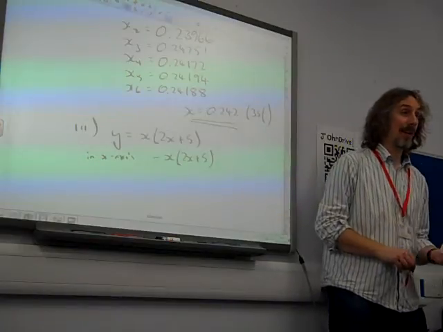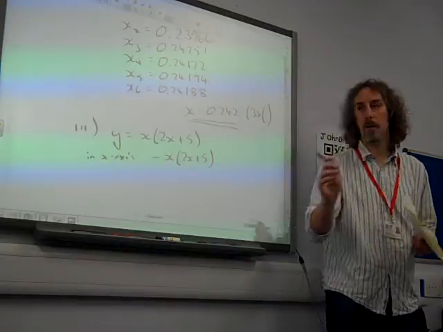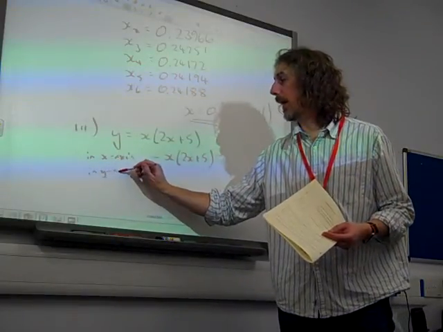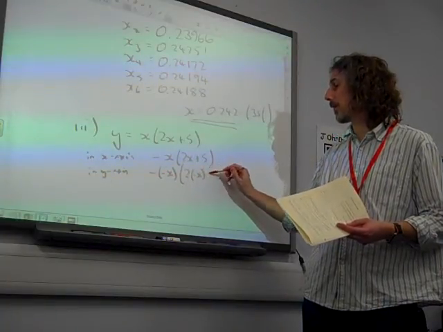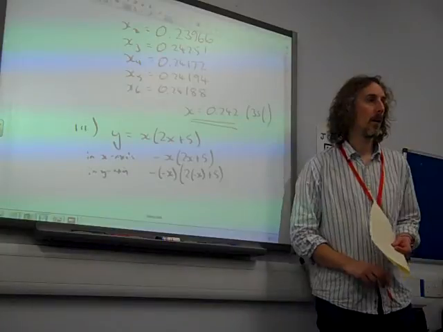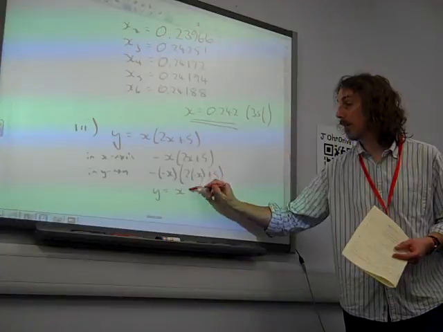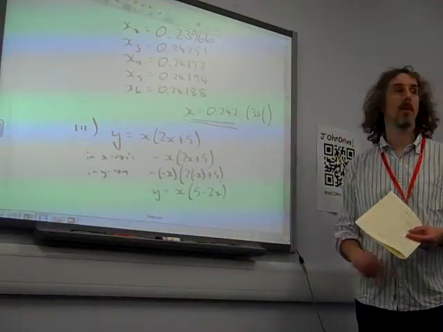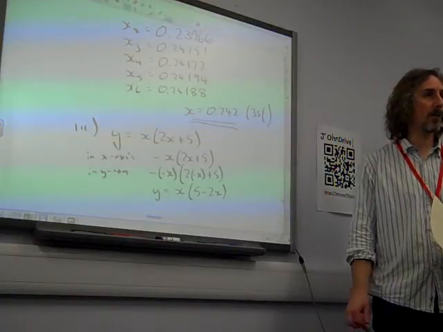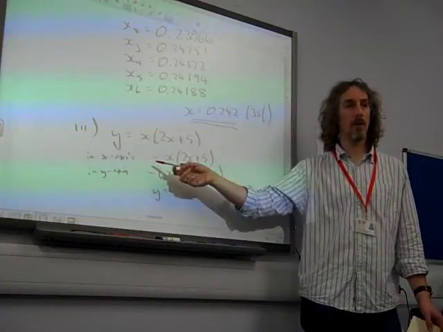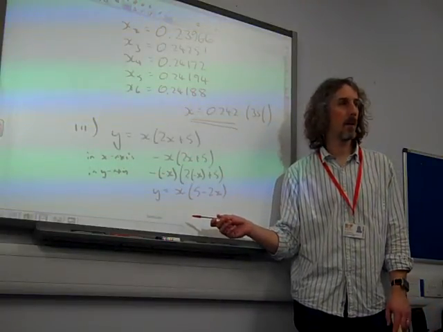And then to reflect in the y-axis, we need to replace x with minus x in every case that it appears. So that's going to become minus minus x times 2 lots of minus x plus 5. So that ends up being y equals x times 5 minus 2x. There's my new curve. Does that make sense? Do you see the two transformations? So we multiplied it by minus 1, then we replaced x with minus x, and that's what it ended up being.